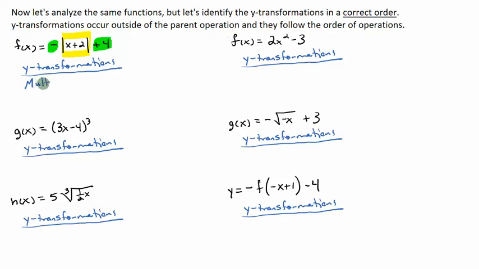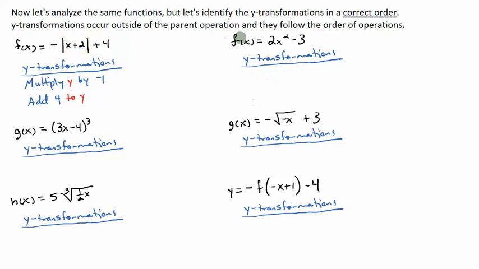So multiply by -1 and add 4 in that order. First multiply by -1 and then add 4. Now I think it's helpful when we actually get to graphing in a different video, since these are y transformations, I like to emphasize that these are happening to y. So I'll say multiply y by -1 and add 4 to y. So you don't accidentally do those to x. Okay? So those are the y transformations.